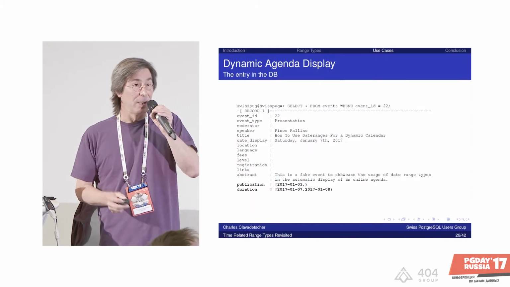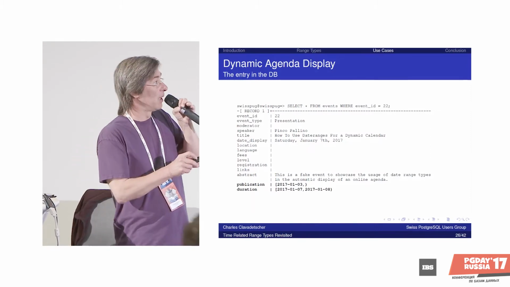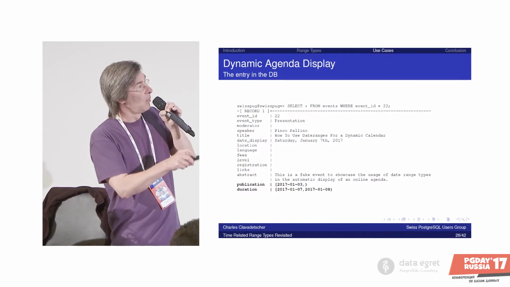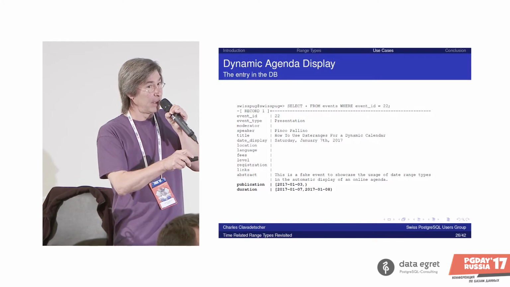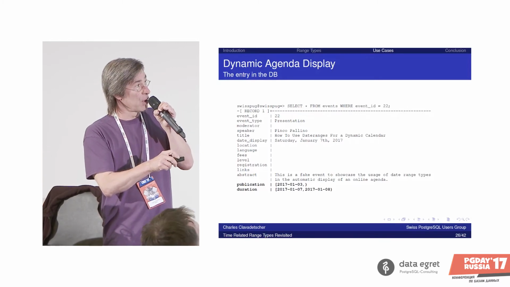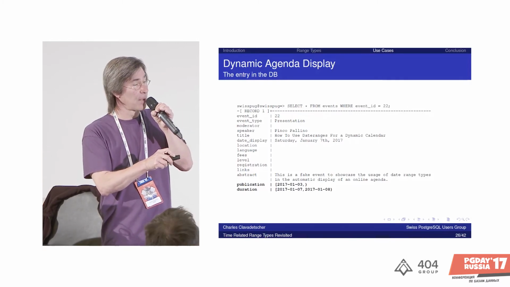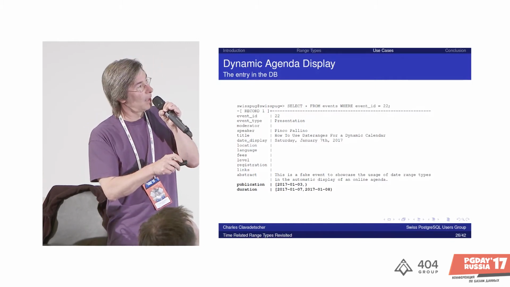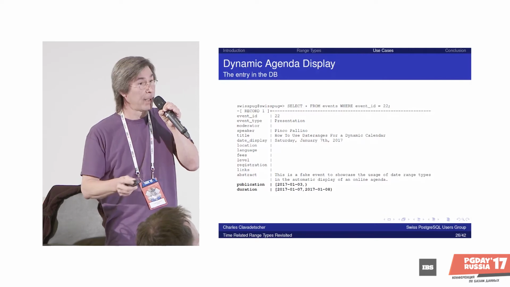Now, if we take a look into the database of this information, as I said before, you have seen it in the interface. You can enter 2 dates, which are going to be exactly the dates that are in here. In this case, publication starts the 3rd of January 2017, and it's going to be shown all the time. In this case here, duration is just 1 day.